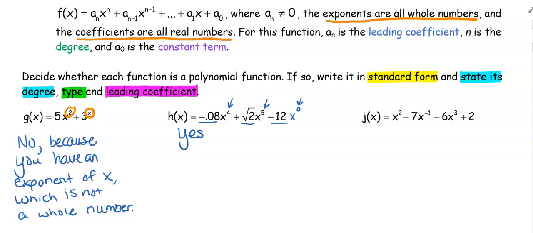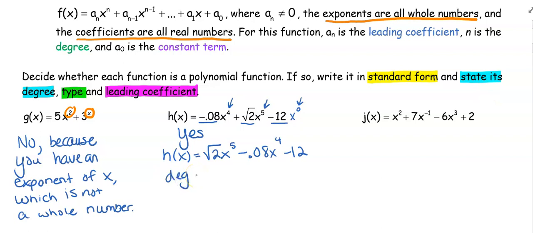If I write it in standard form, we need that highest exponent first, which is that middle term, the x to the 5th power. So we have the square root of 2 x to the 5th, and then negative 0.08 x to the 4th minus 12. The next thing we want is its degree.